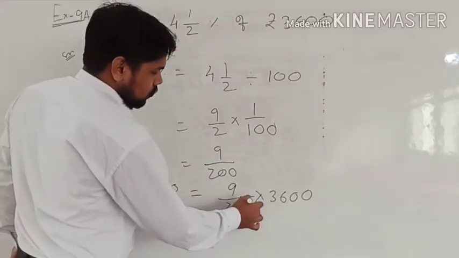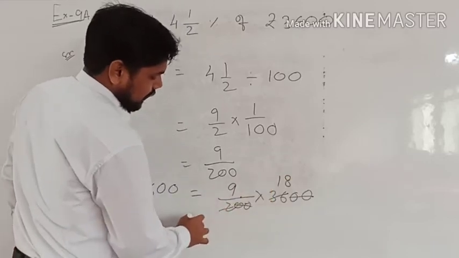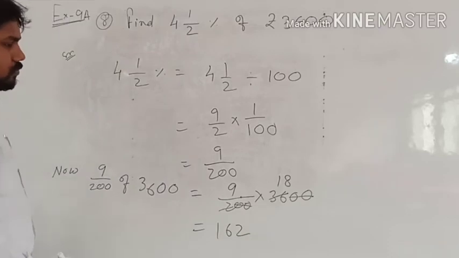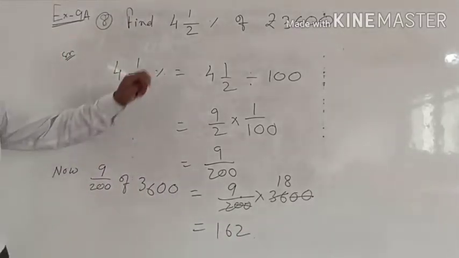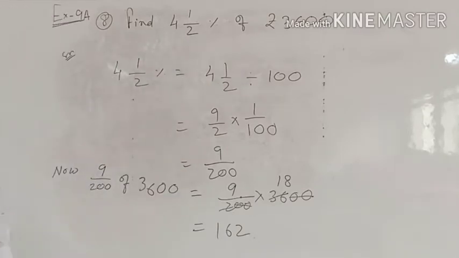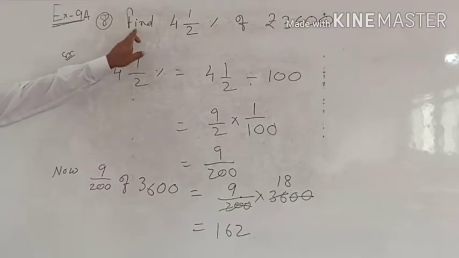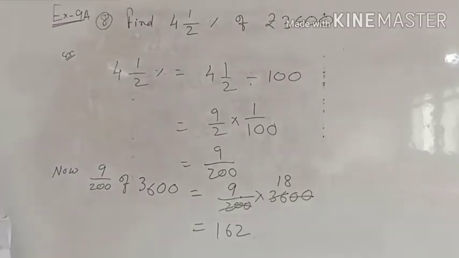Now this 200 will cancel with 3600, leaving 18 times 9, which is 162. So 162 will be the required number, 4 whole 1 by 2% of 3600. This is how very easily you can find out how much percentage of a number it is, if the same question is asked.